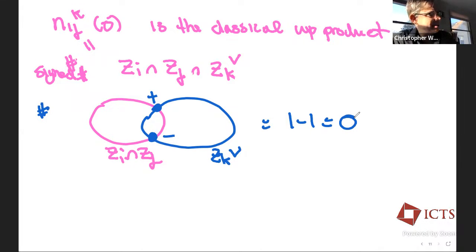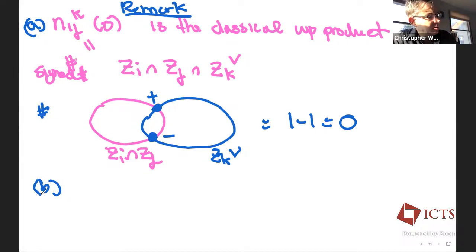Okay, so now you can see the general feature. That's one remark: it's a deformation of the classical cup product.